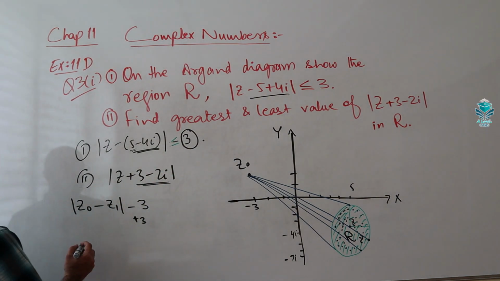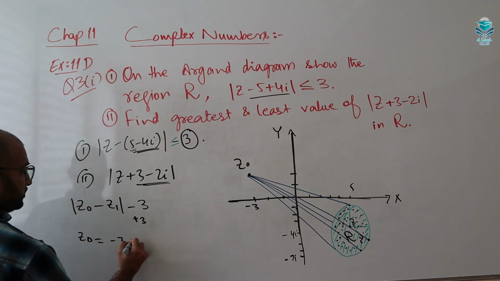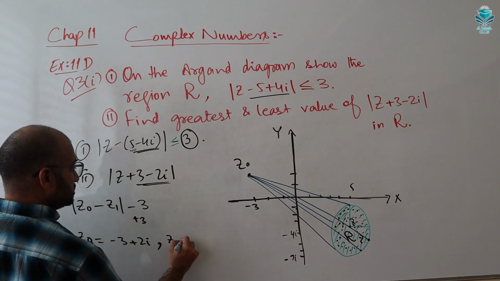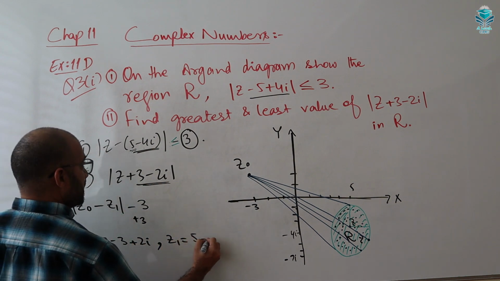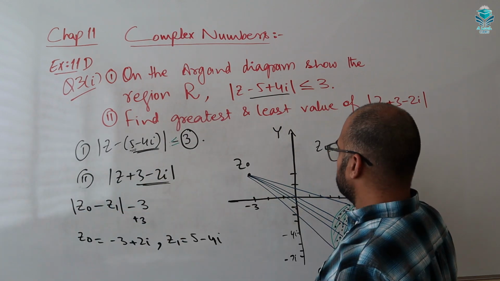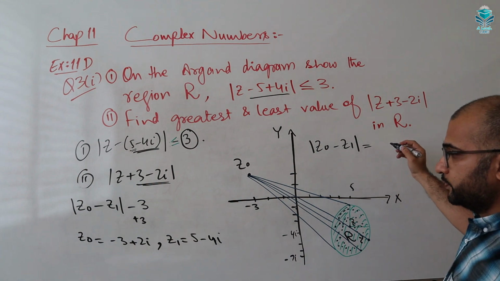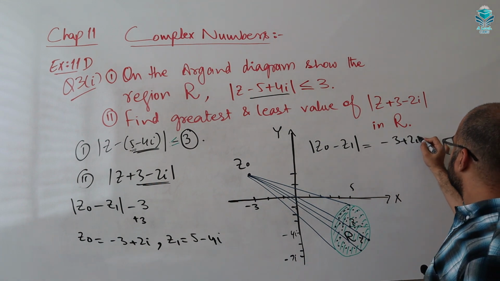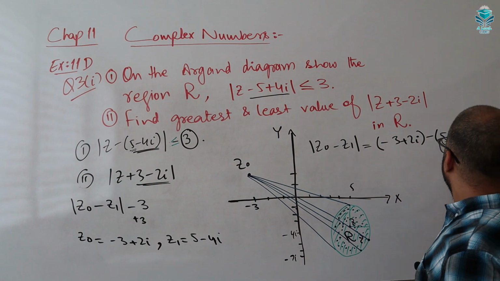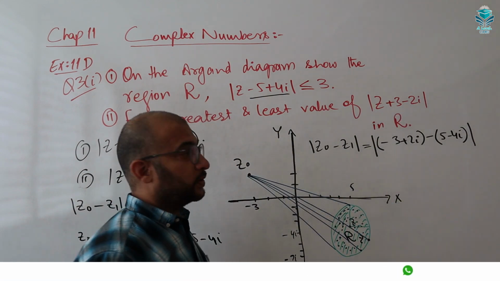So students, z0 is minus 3 plus 2i, and z1 is 5 minus 4i. So z0 minus z1 is equal to minus 3 plus 2i minus 5 plus 4i.